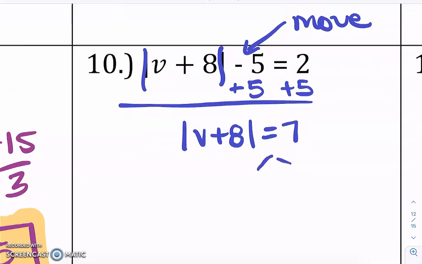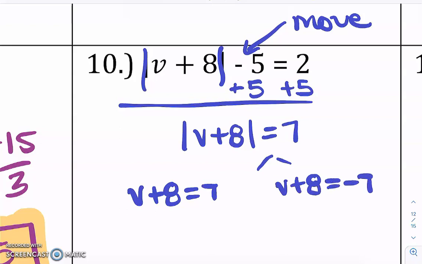Now the absolute value is the only thing on the left-hand side. You can split it. So v plus 8 could be 7, or v plus 8 could equal negative 7. Again, you don't change anything on the absolute value side. You just change what it equals.